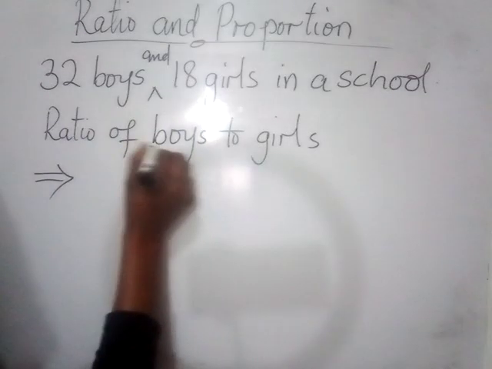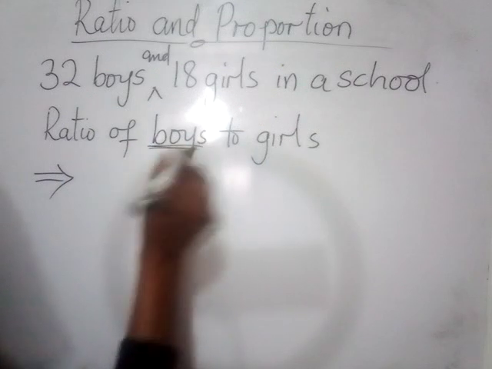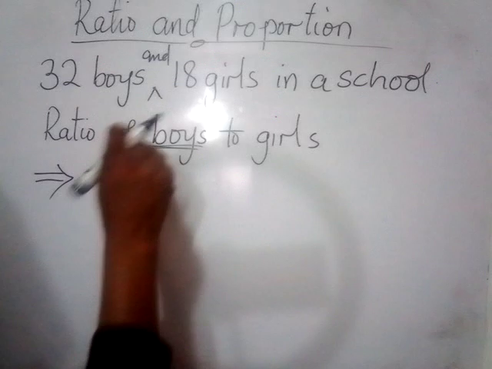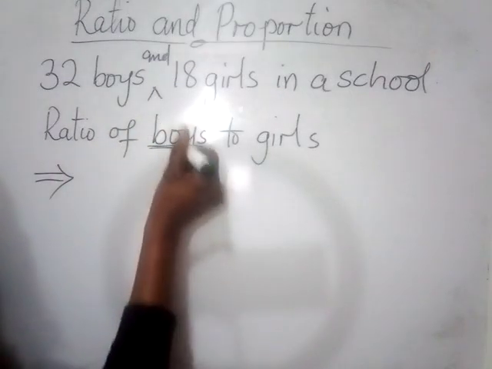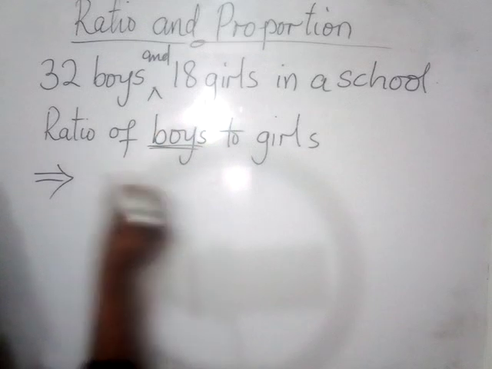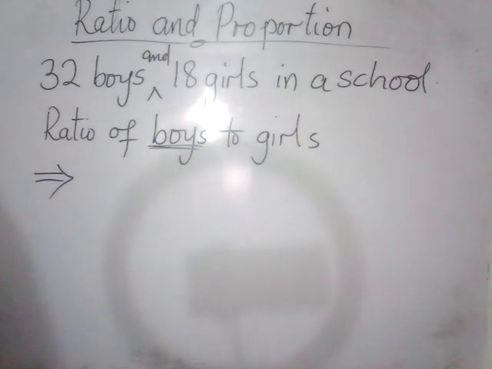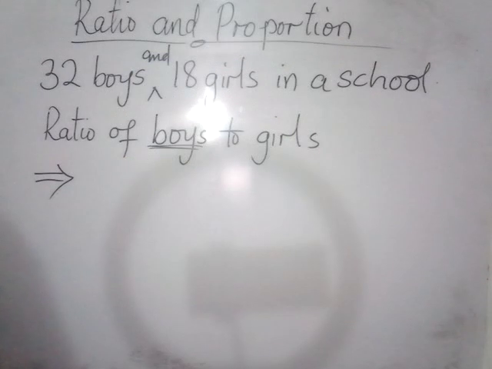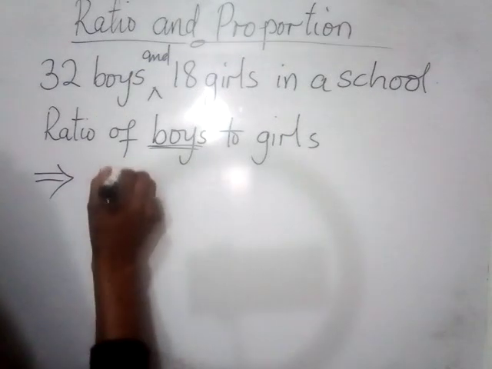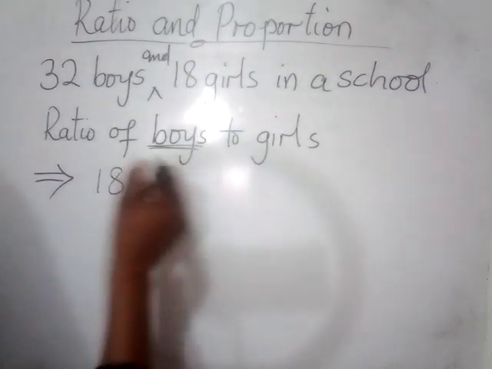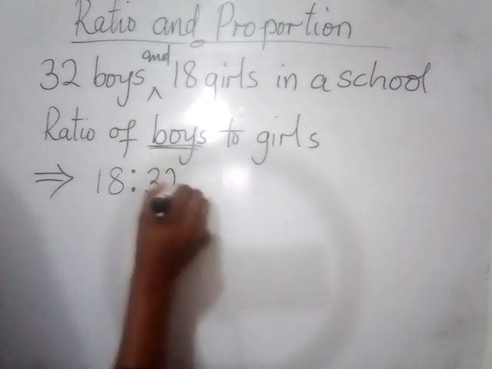So remember, when you are dealing with ratio, always take note of what is written first. Whenever you are expressing the ratio, you write the number of whichever quantity is mentioned first before you write the other. For example, boys is mentioned first here, and we have 32 boys. So it would be very wrong to write the ratio as 18 to 32, writing girls first and then boys.